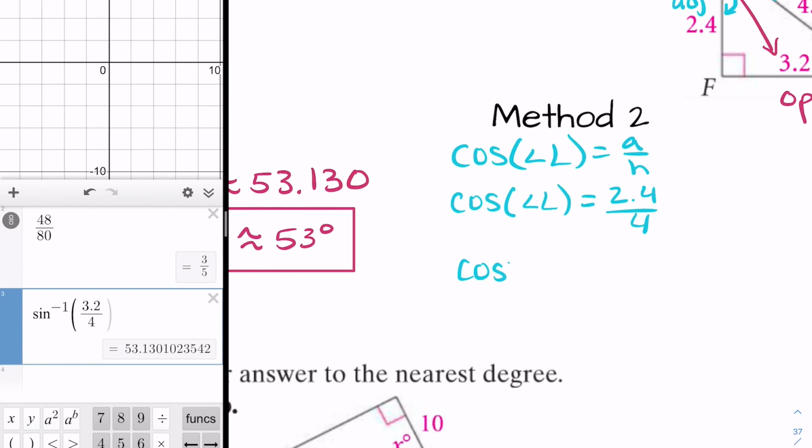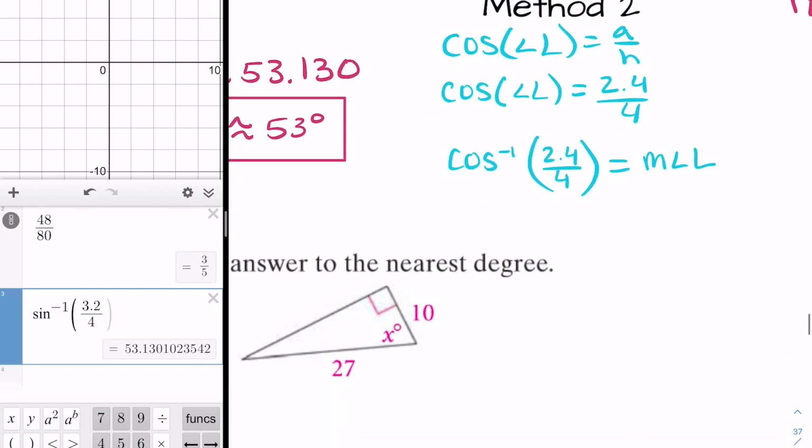So the cosine inverse of 2.4 over 4 is equal to the measure of angle L. We're just flipping them. Remember, you flip them and you make them the inverse. You just flip the inputs and outputs.